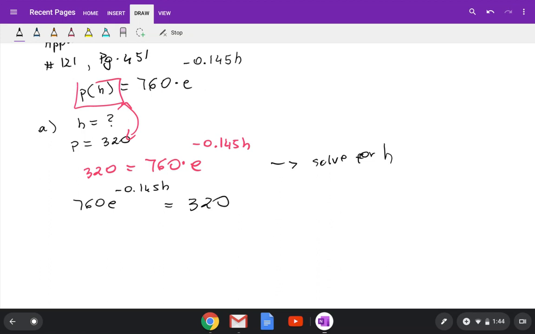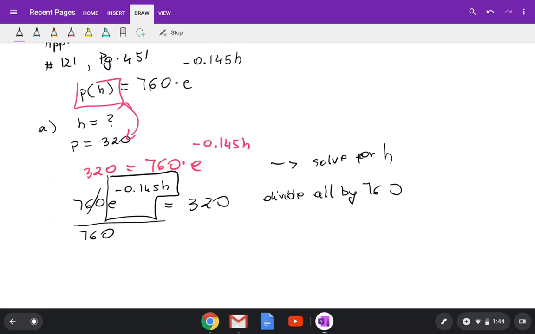First of all, you always want to isolate your log or exponential expression. So we need to divide both sides by 760, so that cancels, and then we have 320 divided by 760.